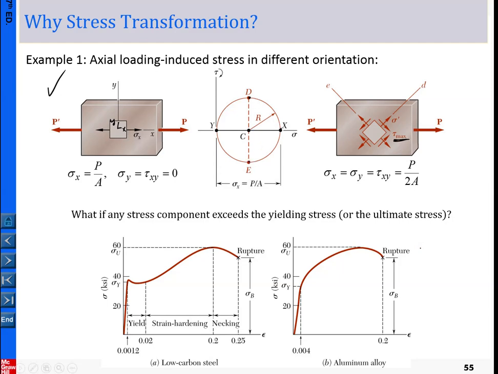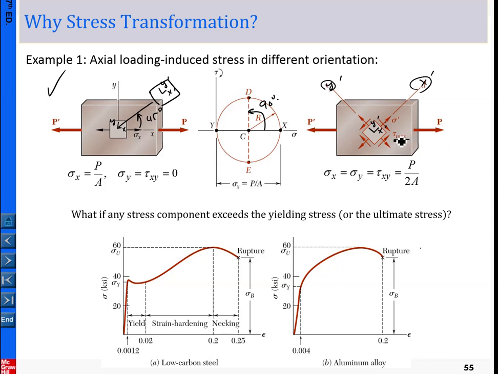The maximum shear stress in this case occurs at 90 degrees on the circle. So that means in this case it happens at a 45 degree orientation. So this is x prime, y prime, like we're showing here, okay. So in this orientation, we have such a distribution of the maximum shear stress.